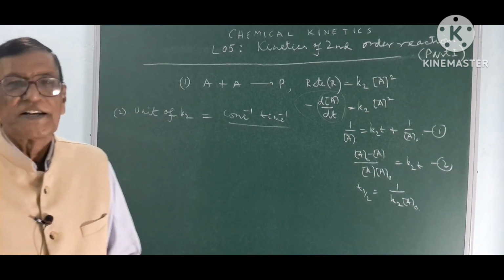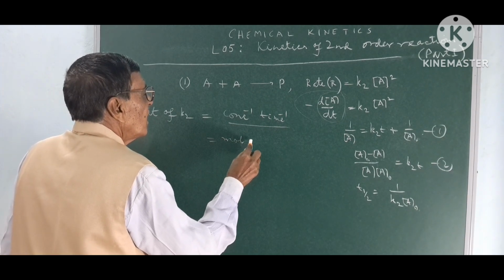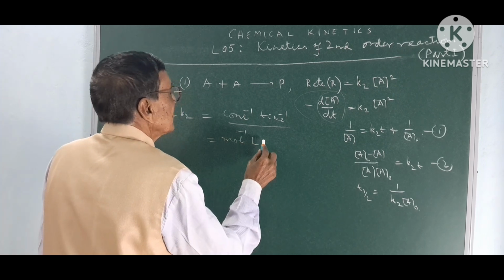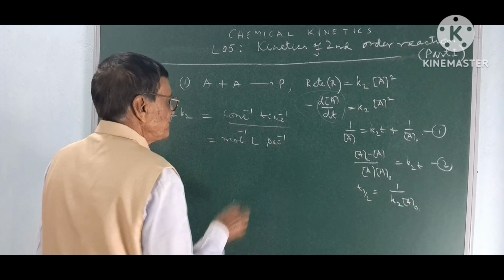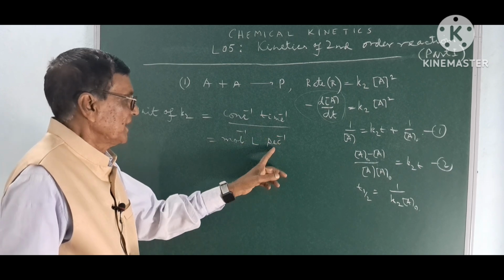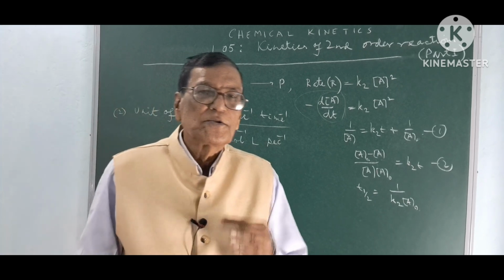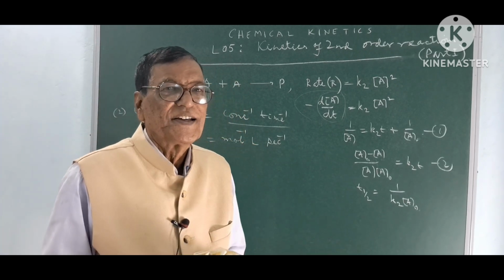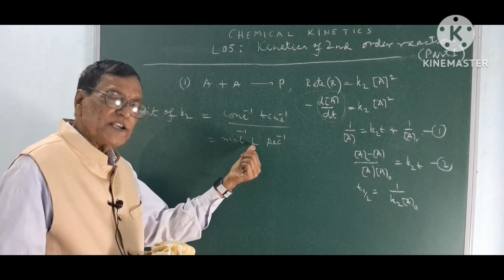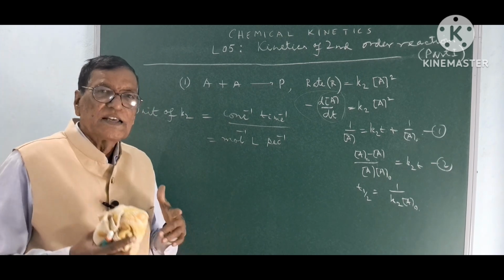If you take the concentration in moles per liter, then it will be mole inverse liter and second inverse, if you take the time in second. But if you like to change this unit, say instead of mole you take molecule, instead of liter you take cc, then the magnitude of this rate constant is also different.